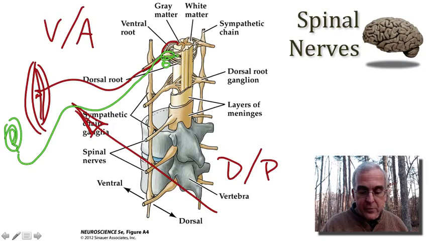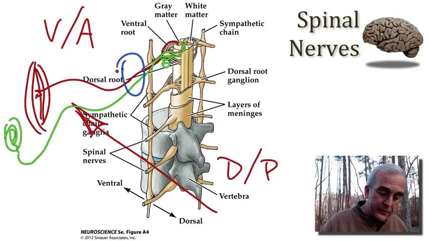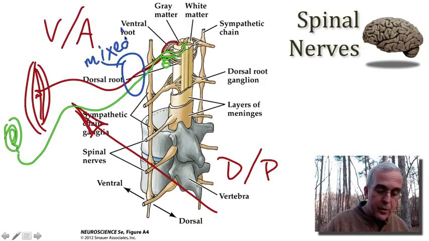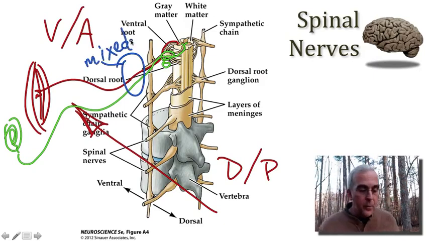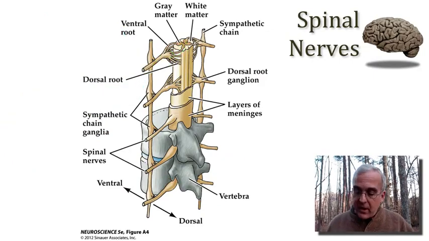And the central process of that axon will enter the spinal cord. So when we're talking about the spinal nerve itself, I want you to understand that it is mixed with both motor and sensory components. But once we get down to the roots, then we have a ventral motor root and a dorsal sensory root. All right?